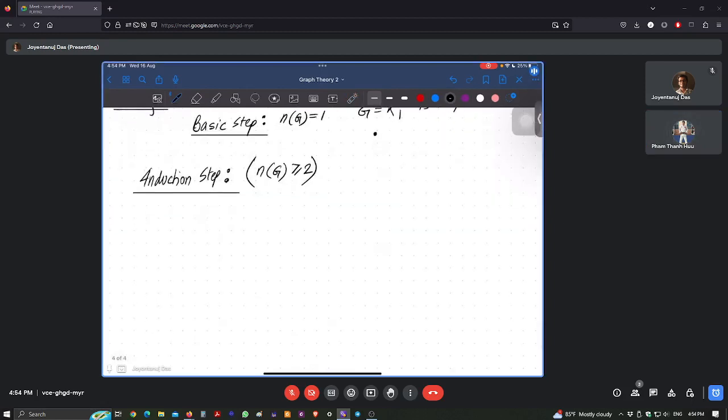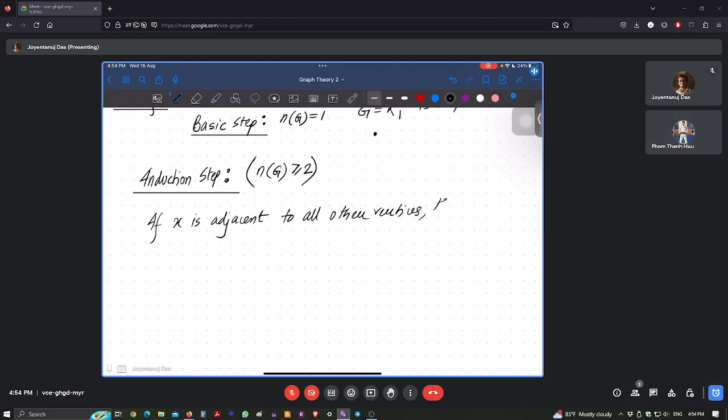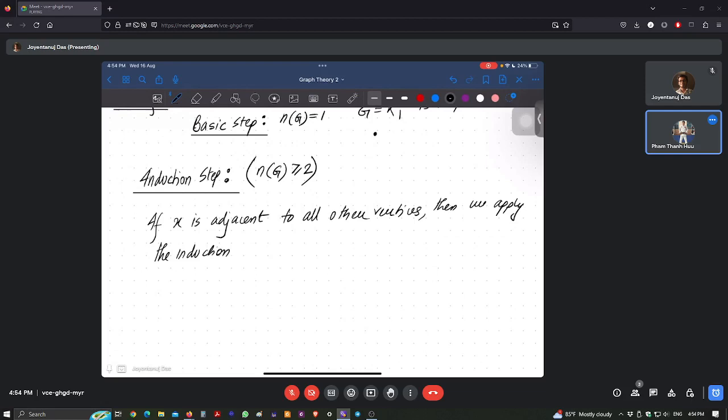If x is adjacent to all other vertices, then we just apply the induction hypothesis to the chordal graph G minus x.